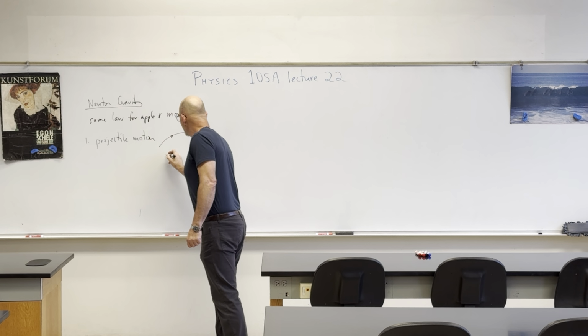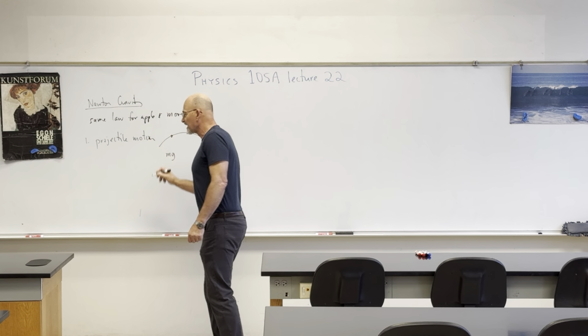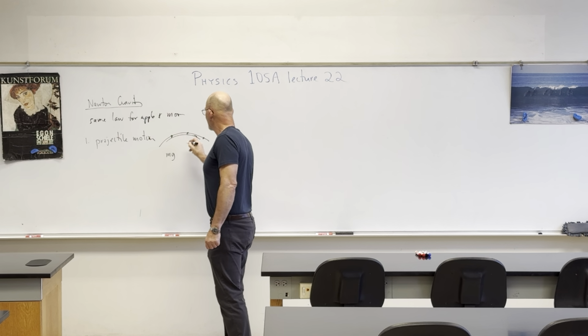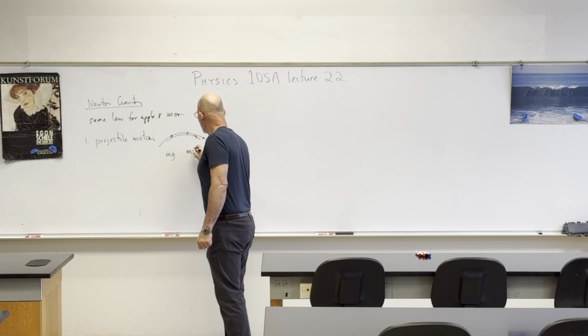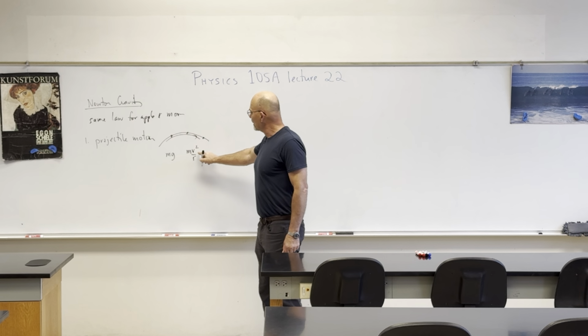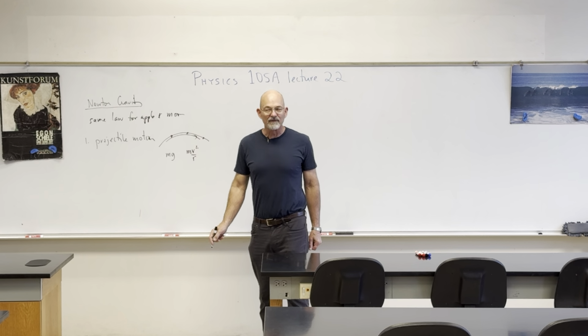You've got mg, the weight, and for this path you've got mv squared over r for the local curvature, where r is the local curvature of the trajectory.